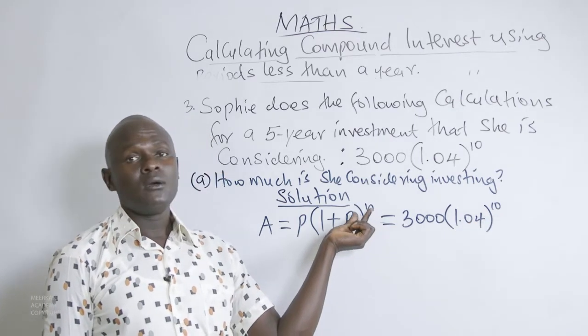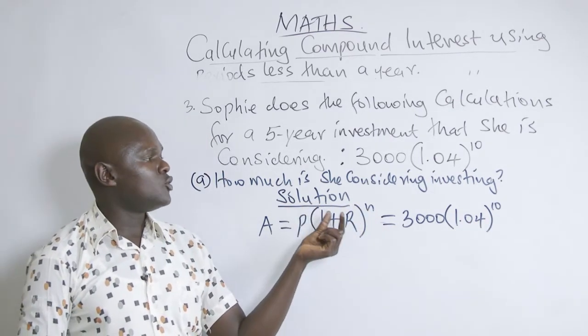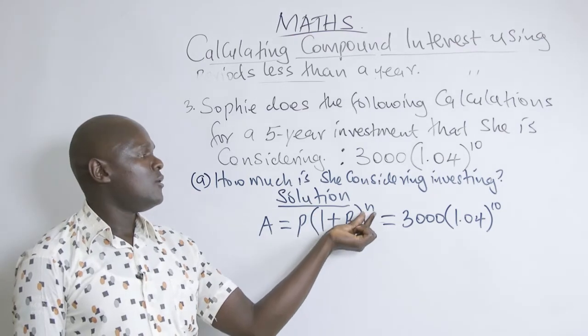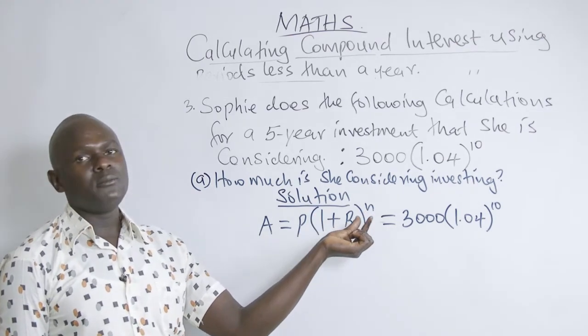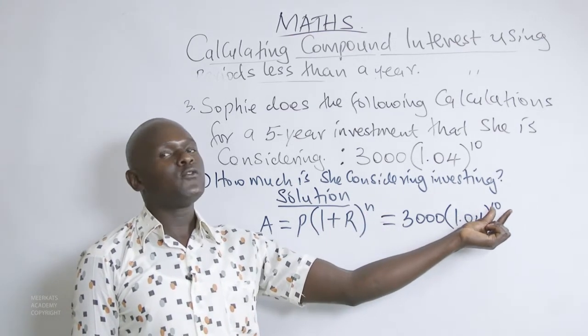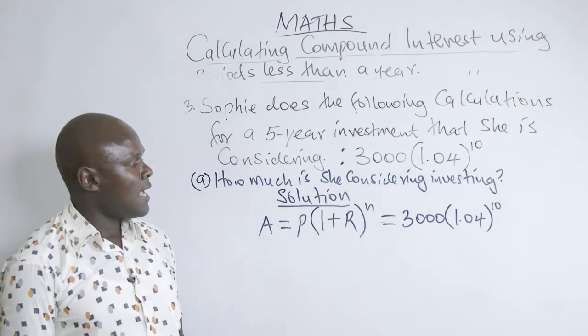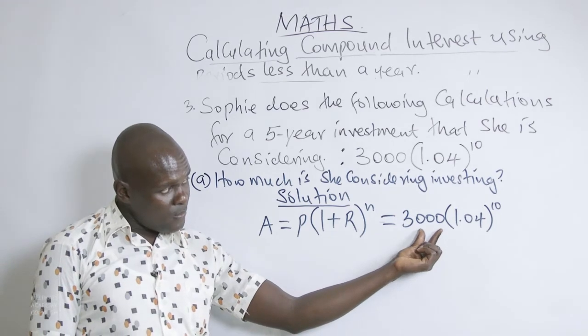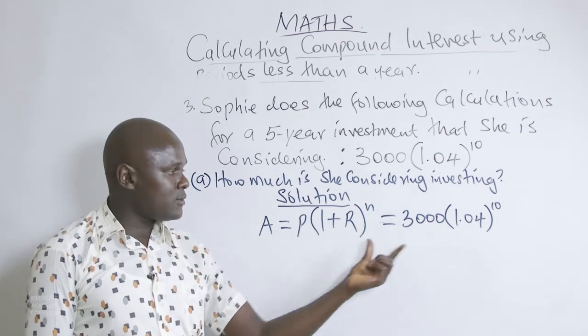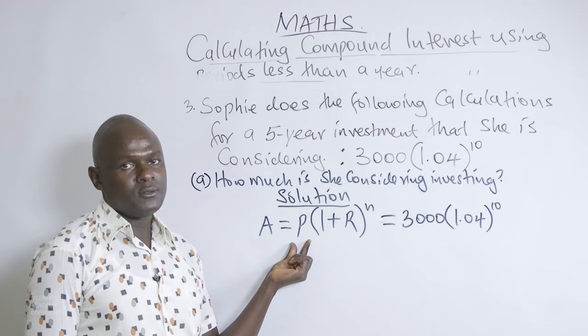And this power, from our knowledge that we have currently, should be equal to the number of periods. It refers to the number of periods. And obviously, this value here, 3,000, is equal to the principal.